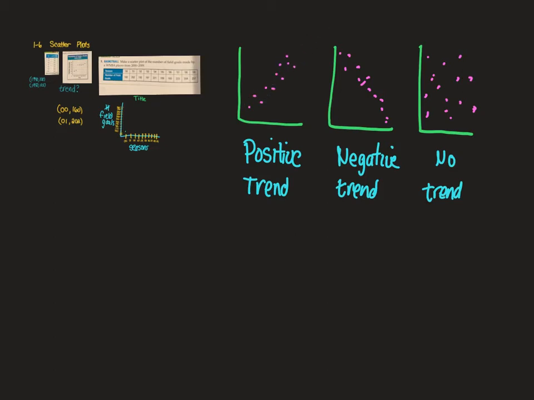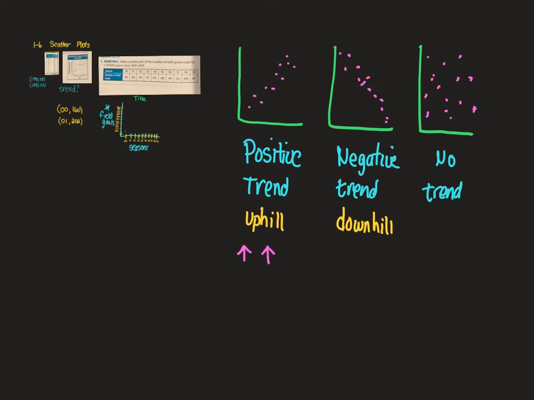Positive is going, if you were walking on a hill, you would say, I'm going up the hill. In this case, I'm going down the hill. You can't walk up the hill backwards. So left to right, I'm going uphill. Left to right, I'm going downhill. So you can think of it that way too. Another way you can think of it as positive trends, as one thing gets bigger, the other thing gets bigger.